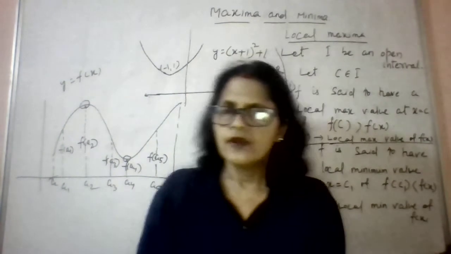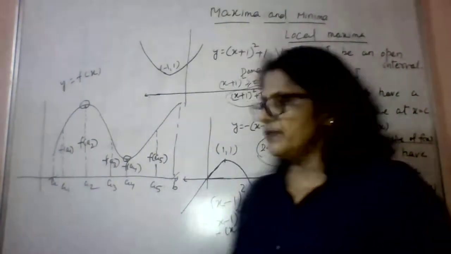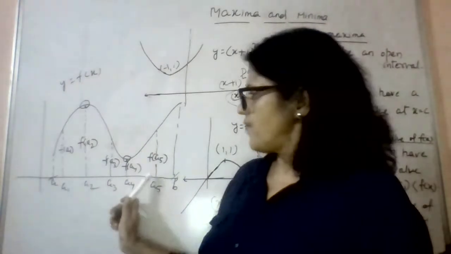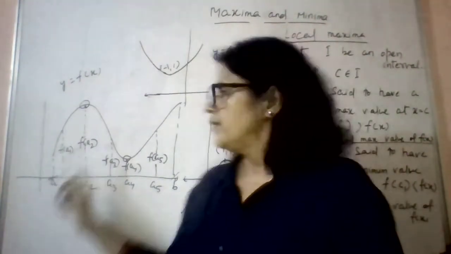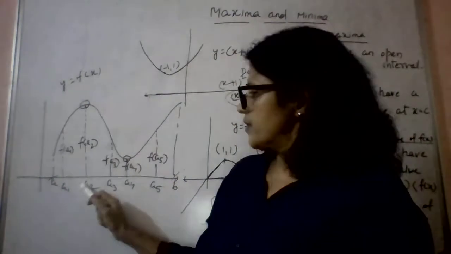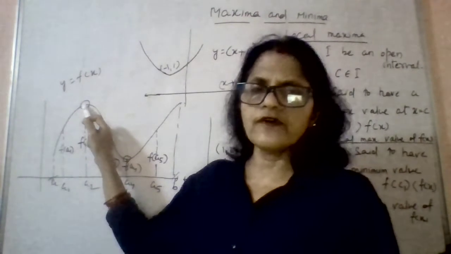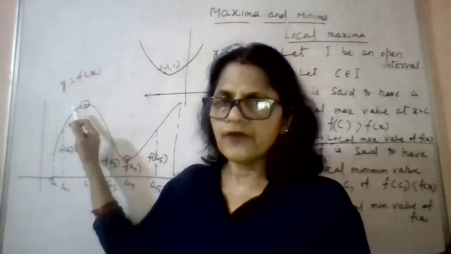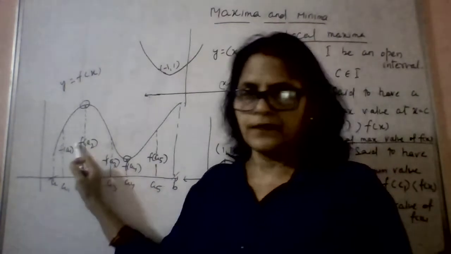Similarly, local maximum or local minimum value of the function means, of all the values in this given interval AB, at x equal to a2 the function attains maximum value, or the value of the function at x equal to a2 is maximum.